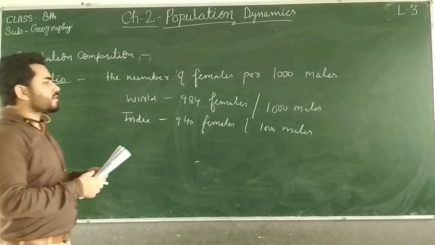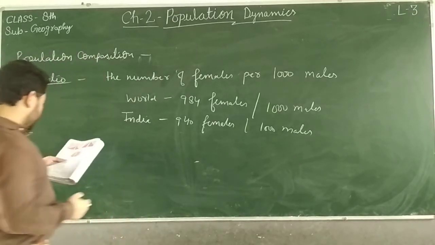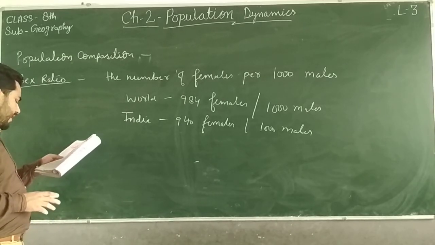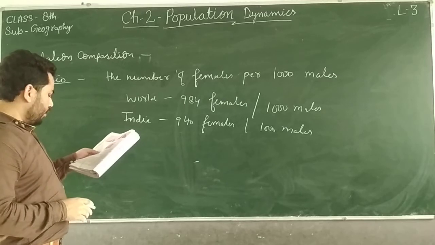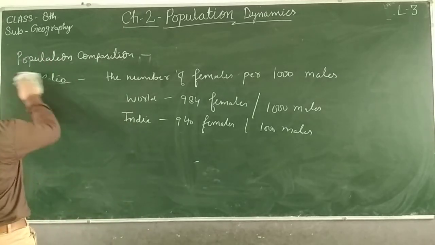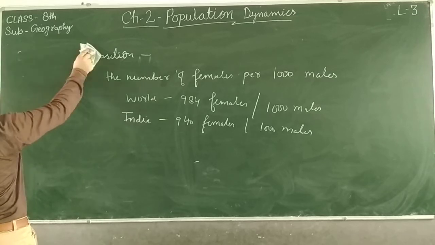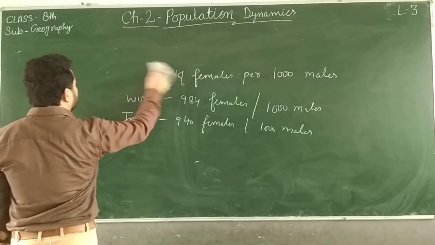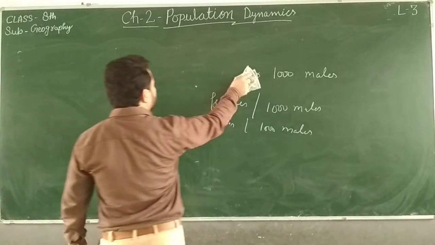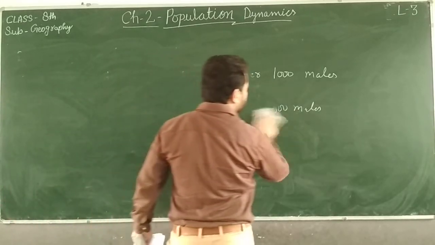Now how do we study this sex ratio? Sometimes we study age and sex components of population together with the help of an age and sex pyramid. How can we study this component of population, mixing age and gender?